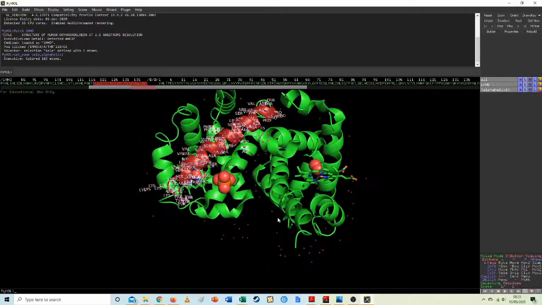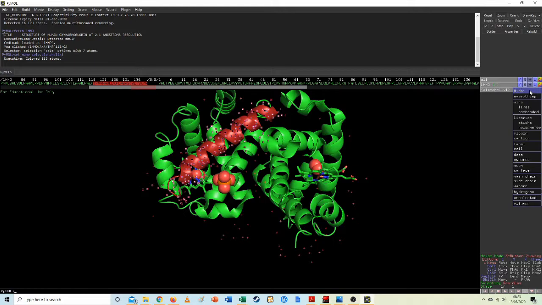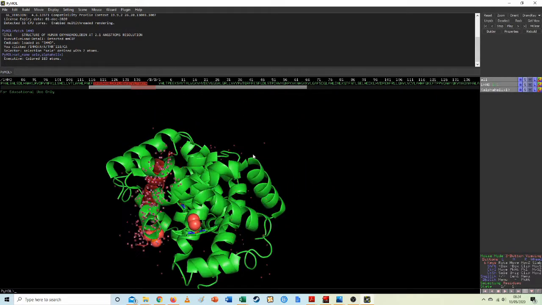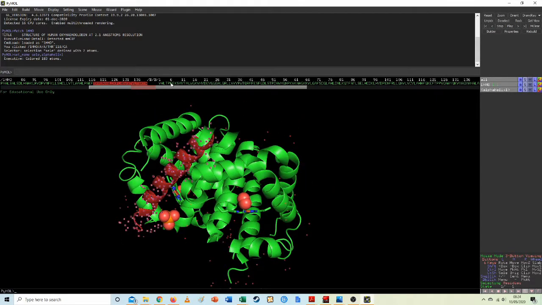I think what I'm going to do is hide the labels from that and hide the... I think that's just because I've got it selected. Yes, right.